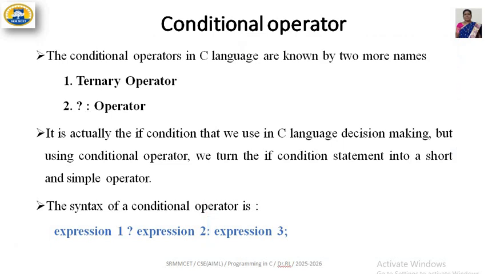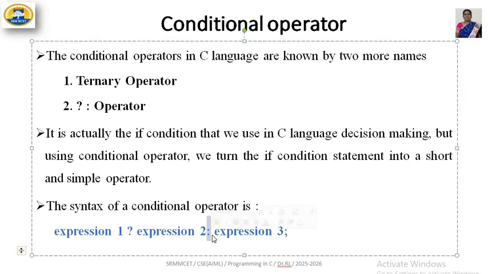That is, if expression 1 returns a true value, then the expression on the left side of the colon, that is expression 2, is executed. If the expression returns a false value, then the expression on the right side of the colon, that is expression 3, is executed.